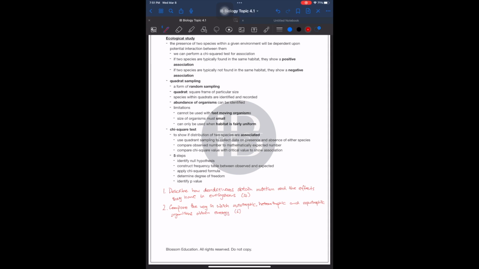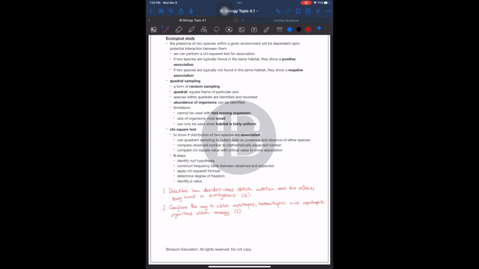Now again, compare and contrast. Comparing would mean that if there are any similarities, you should also mention that. It is good that you find some of the common areas that these three modes of nutrition would share. So for example, where they obtain the carbon compounds, how they would do that, etc.